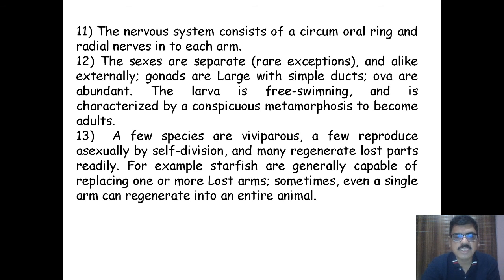For example, starfish are generally capable of replacing one or more lost arms. Sometimes, if a single arm is there, it can regenerate into an entire animal, and so these echinoderms have a great power of regeneration. So these are the characteristic features of the Echinodermata.